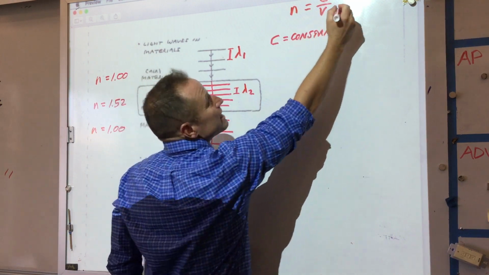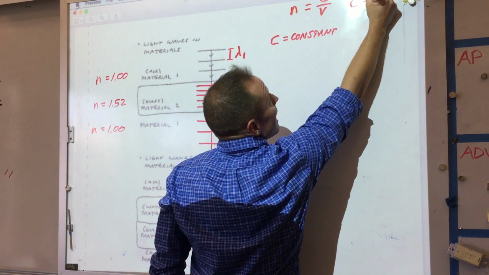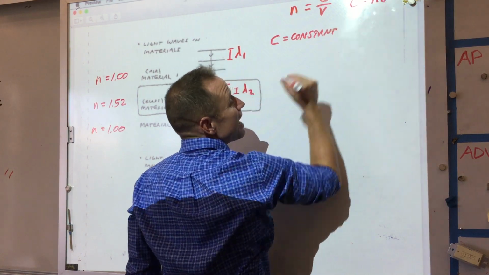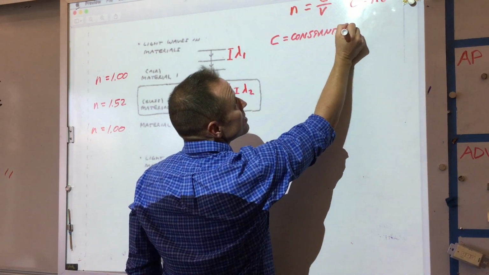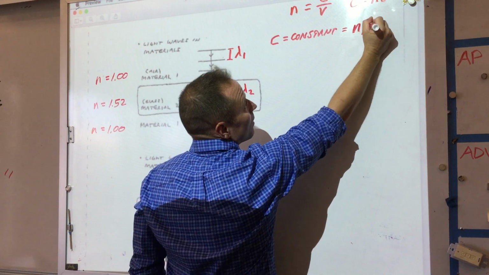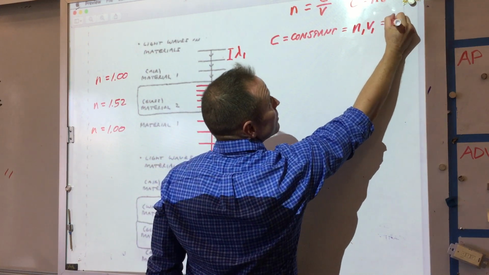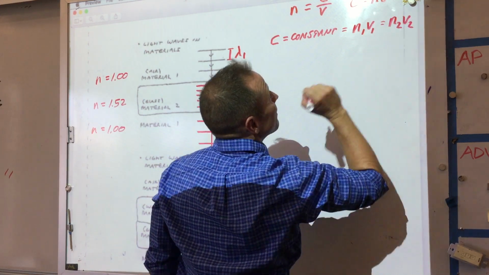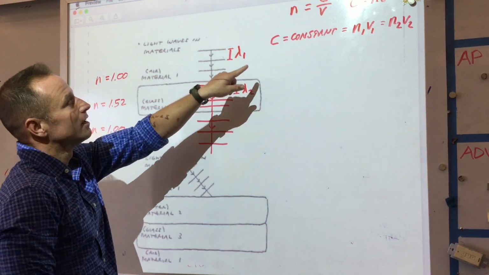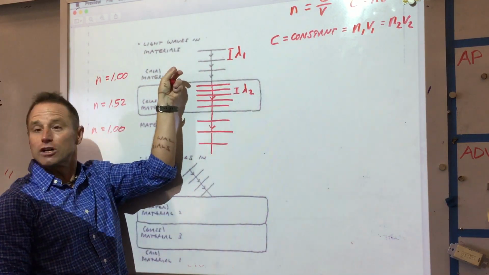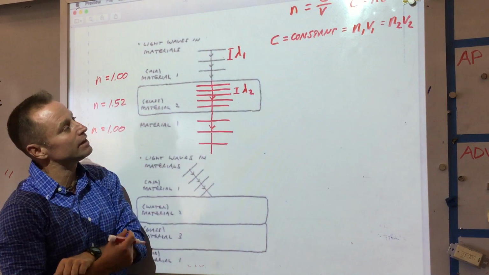So since c equals nv, that means the product of n and v needs to be a constant. So what you can do is say, well, n1 v1 equals n2 v2, right? Because the product of n and v in this material needs to be the same as the product of n and v in that material.